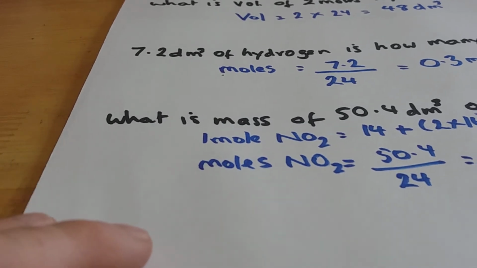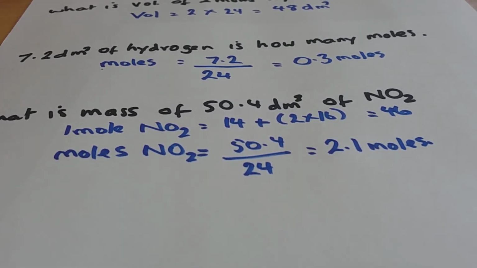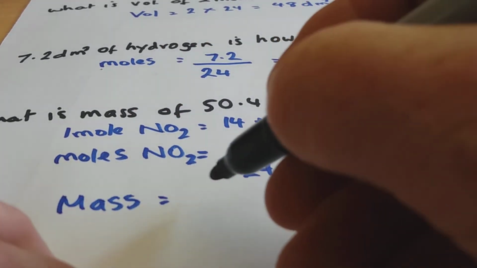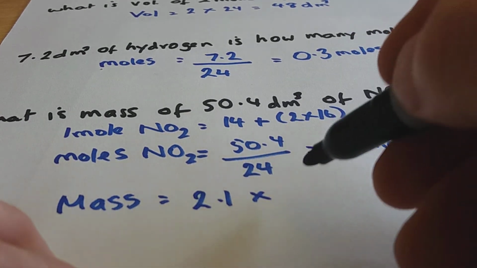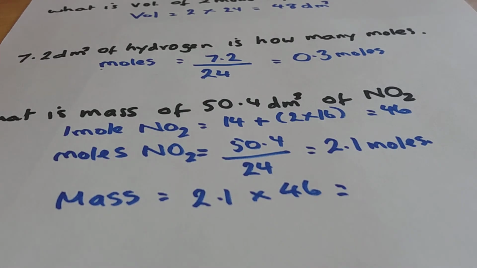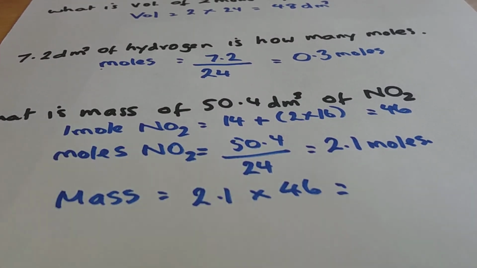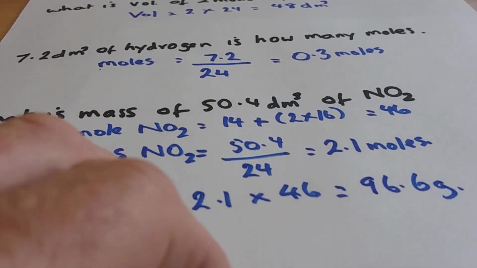Now, we've already worked out that 1 mole is 46. So if we want the mass of 2.1 moles, so mass will equal the number of moles, 2.1, times the mass of 1 mole, 46, and 2.1 times 46 equals 96.6 grams.